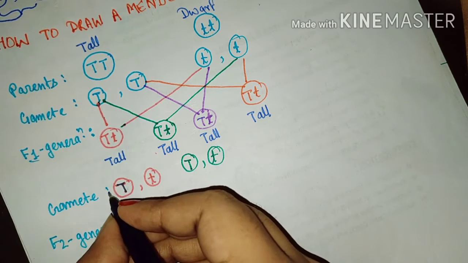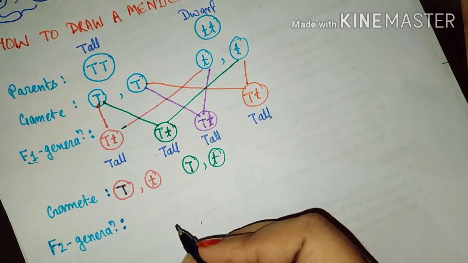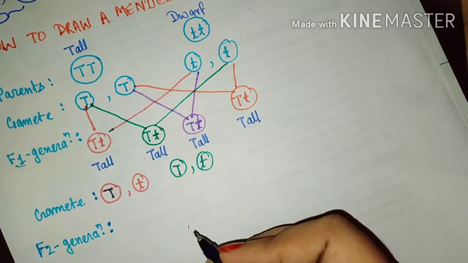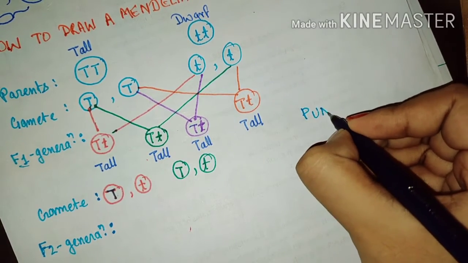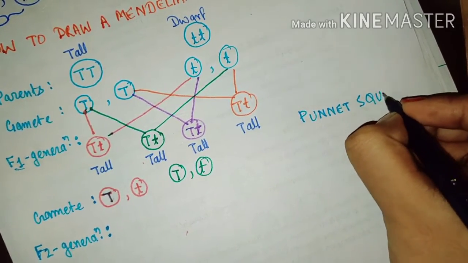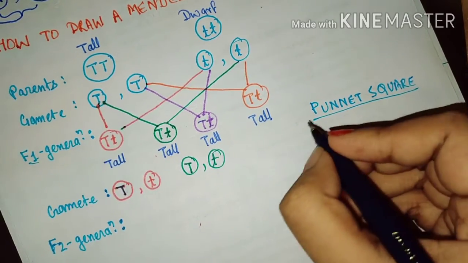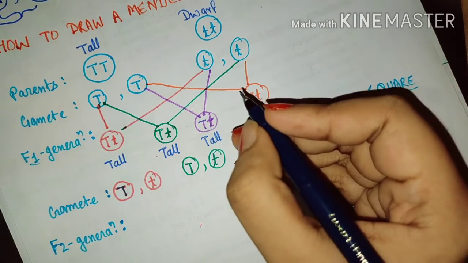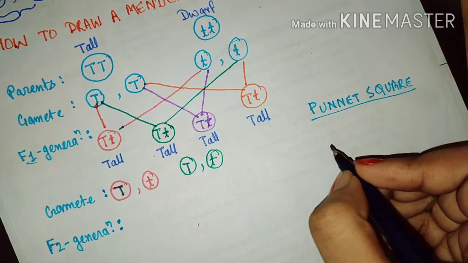So I am going to tell you that second method. This second method is the Punnett square. I am going to tell you how to draw a Punnett square. A Punnett square is a way to represent the crosses in genetics, to represent the Mendelian cross in genetics.